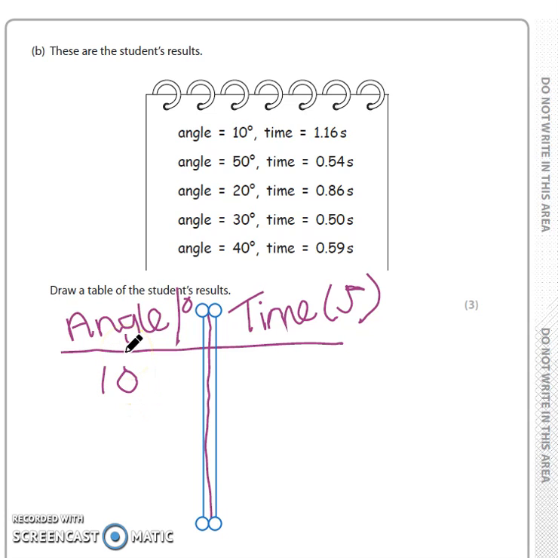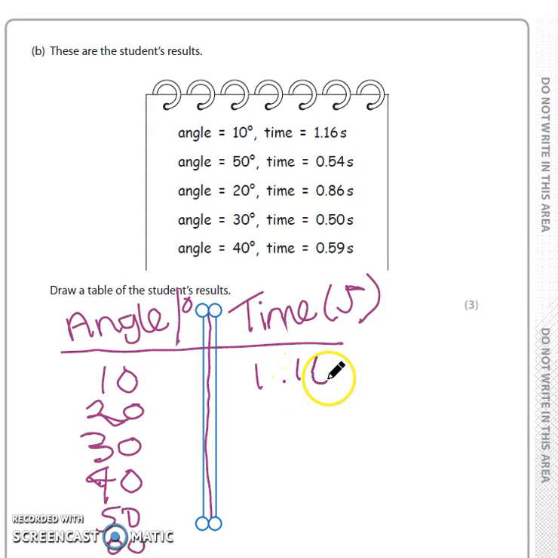The angles have got to go up in consecutive order. So we've got 10, 20, 30, 40, 50, 60. And then your times for each one.